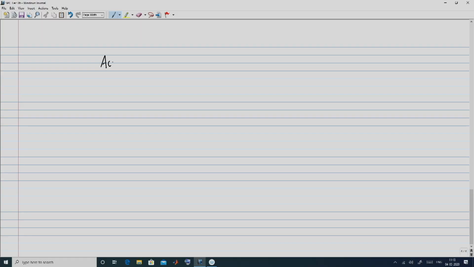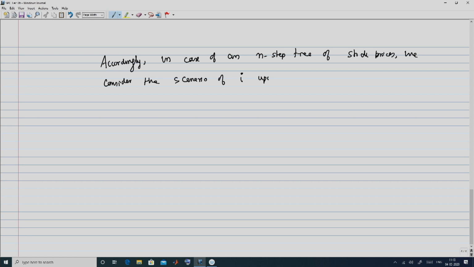So, accordingly, in case of an n step tree of stock prices, we consider the scenario of I upward, that is I number of 1 plus u, and n minus I downward movement.